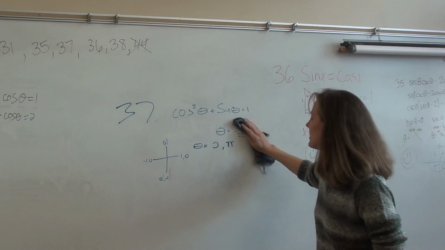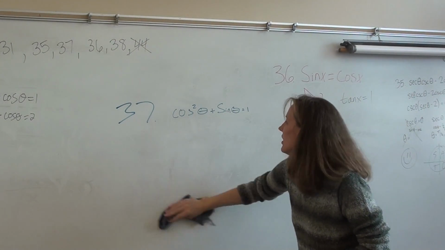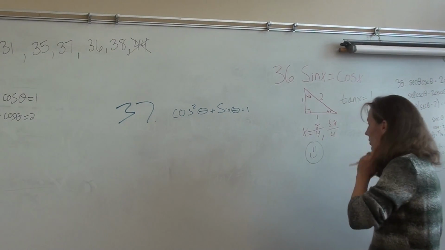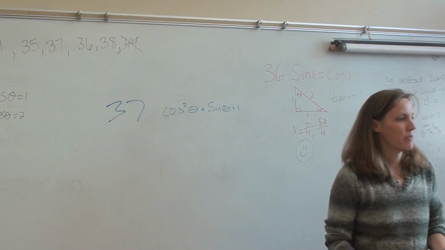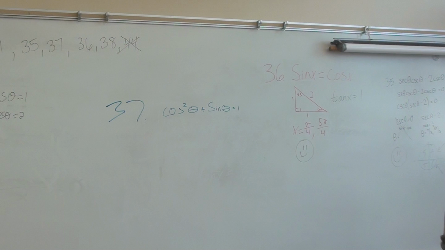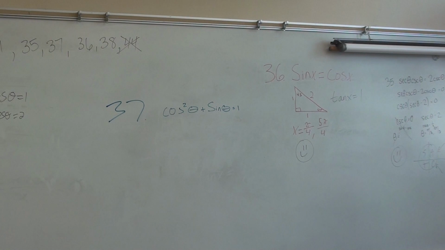Alright, okay, so I'm going to erase this for a moment. We have a quadratic, and no matter what type of quadratic it is, whether it's a regular x squared or a cosine squared, we always start solving quadratics by first setting them equal to 0, right?